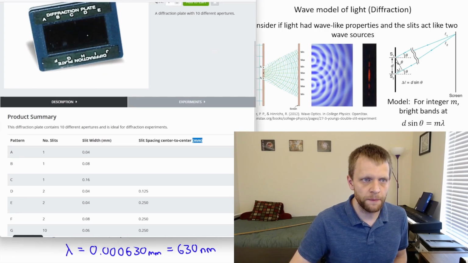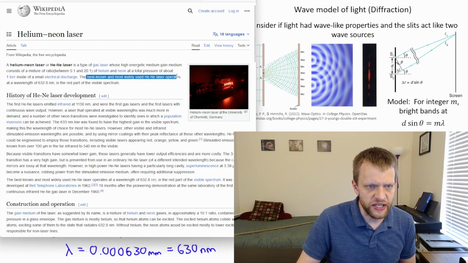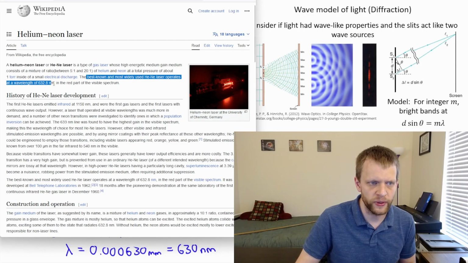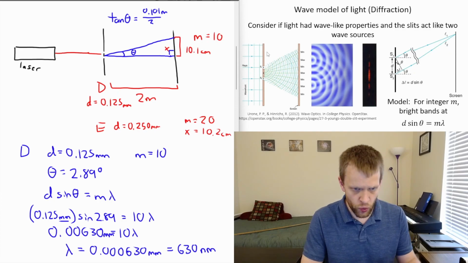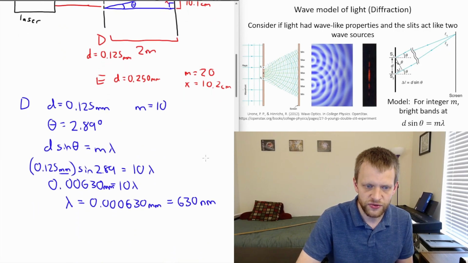Again, this is a helium neon laser, and this kind of laser has a particular wavelength. If we look up helium neon lasers, the best known and most widely used helium neon lasers operate at a wavelength of 632.8 nanometers. So the true wavelength should be 632.8 nanometers.